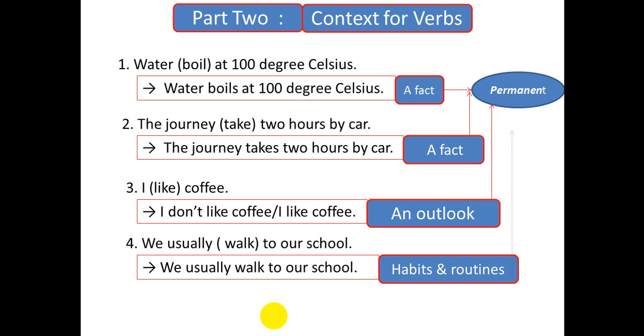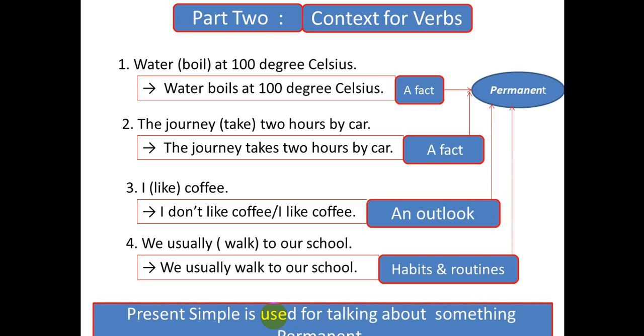Okay. And for your kind information, we use present simple for talking about something permanent. So you need to think whether you are expressing something permanent or not. If you express something permanent, you need to use the sentence in present simple.